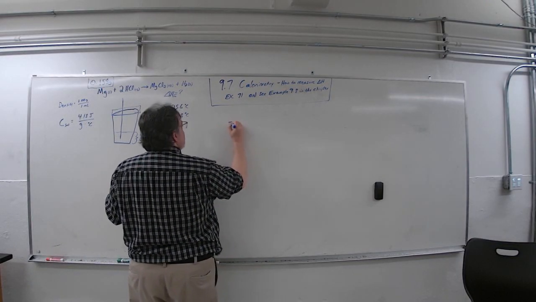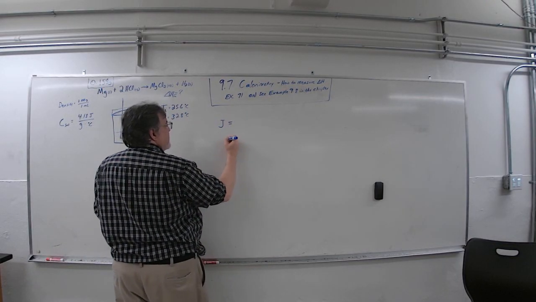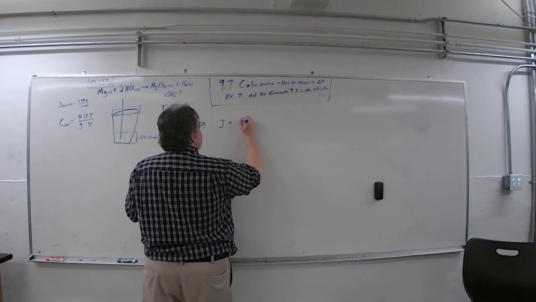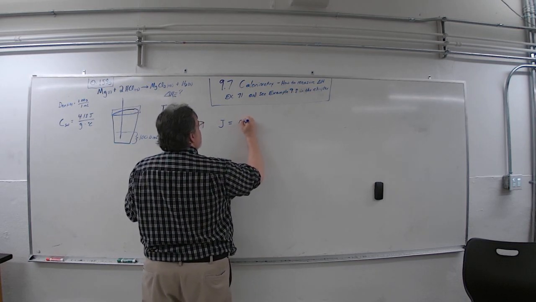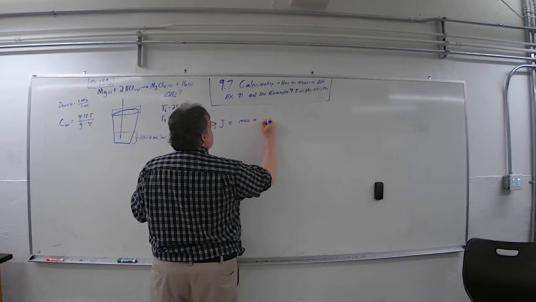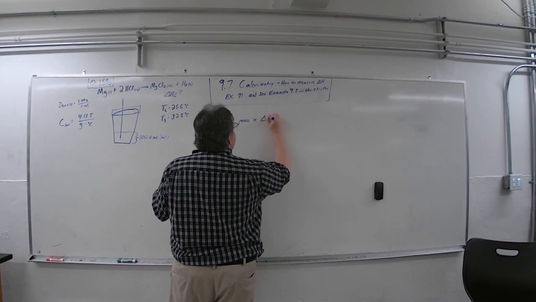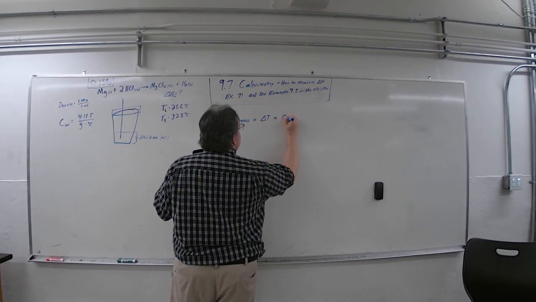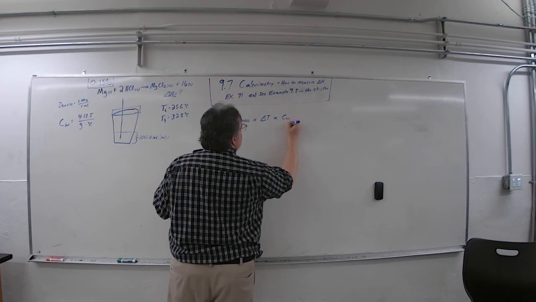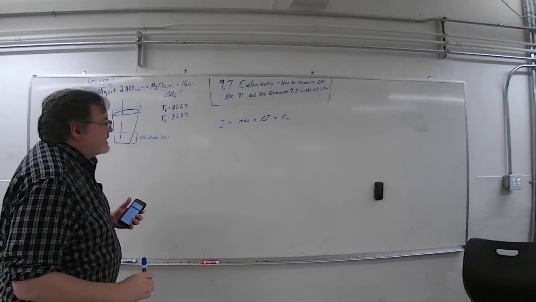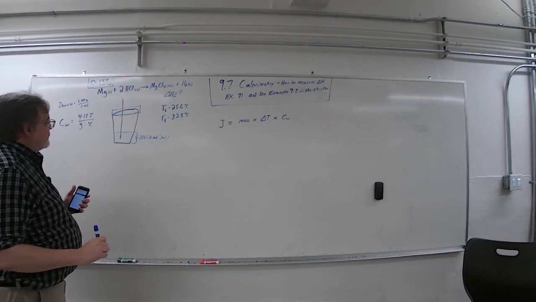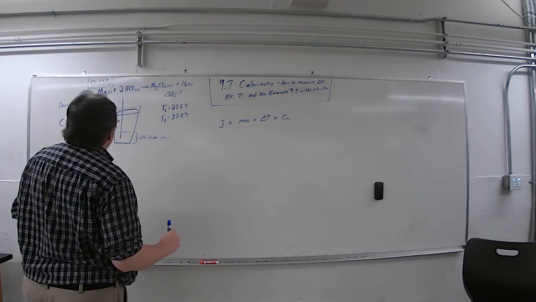So we need joules, and you can find it by putting the mass times delta T times the heat capacity of the solution. So what can we do?